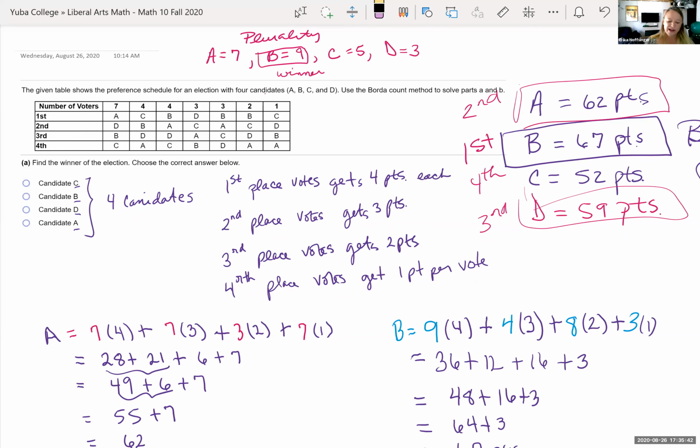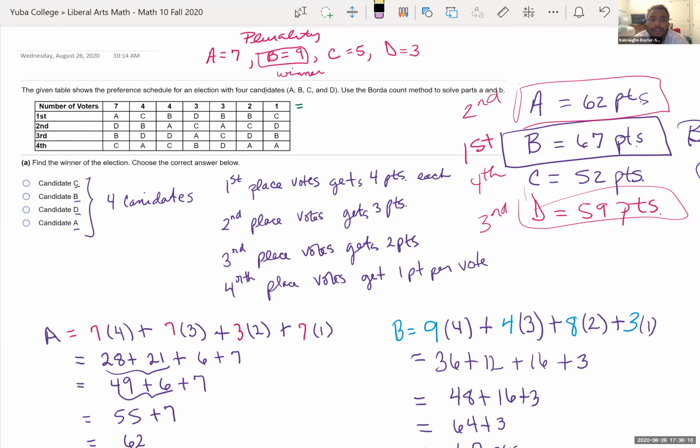Was candidate B a majority winner? So what makes that person a majority? They won by majority. More than 50%, right? Yeah, so they have to get more than 50%. So let's look at, first of all, how many people voted. If we look at how many people voted altogether, it's like 24 or something like that.